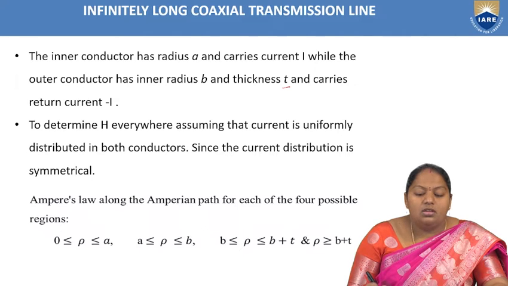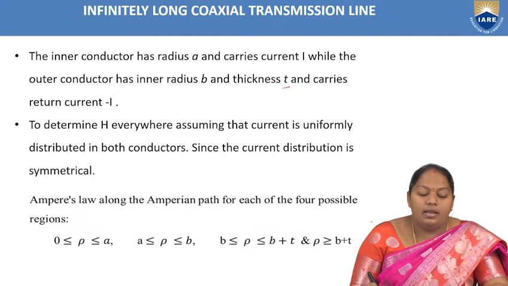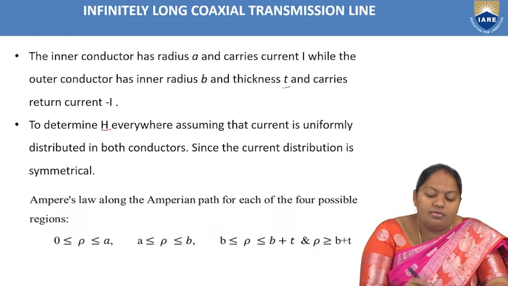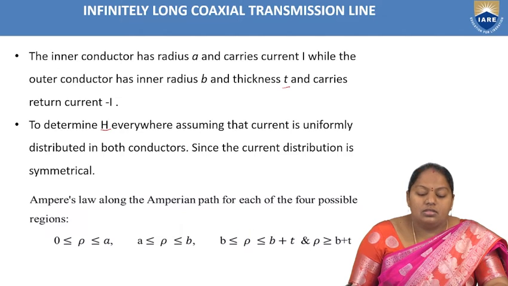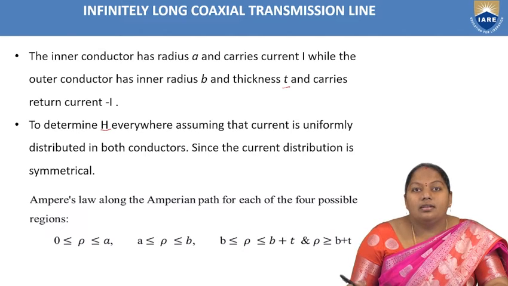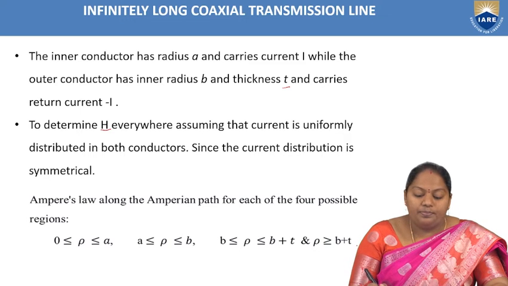Once it has been verified that a symmetrical current distribution exists, we apply Ampere's law. We have considered a coaxial transmission line, so there exist two conductors: the inner conductor with radius A and the outer conductor with radius B.